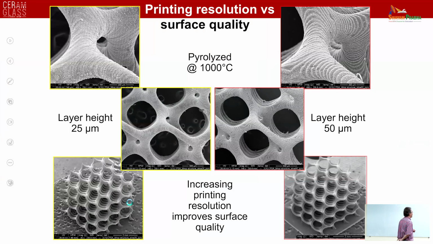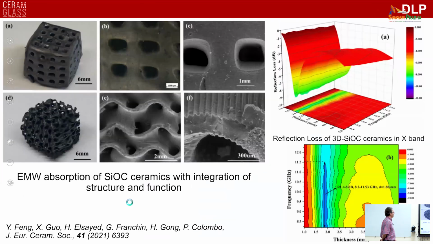You can see that the surface quality can be improved by using smaller layer heights. You can see, again, very clear stepping effects and a more homogeneous surface on the left for the smaller part.